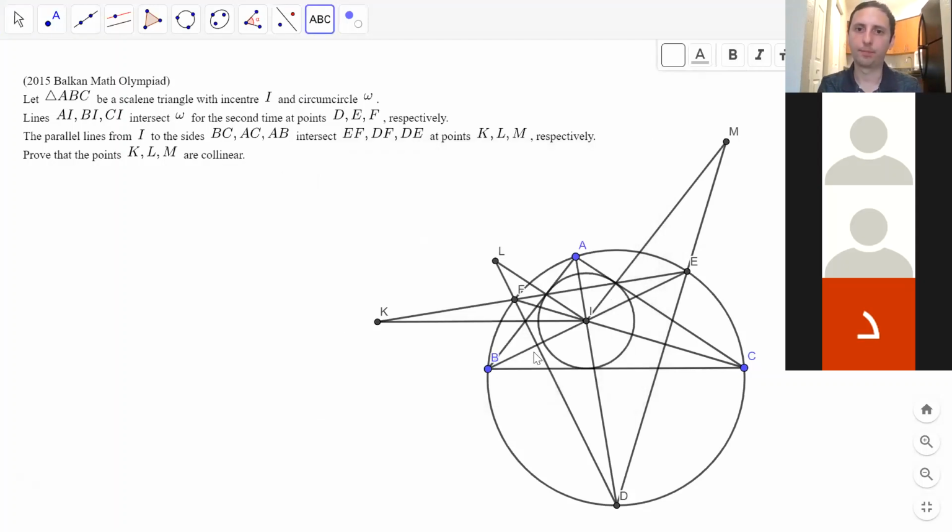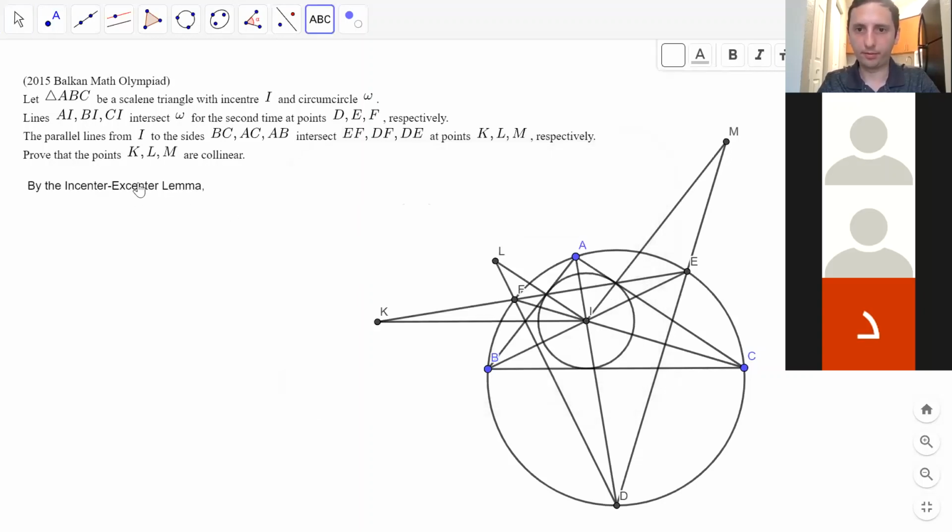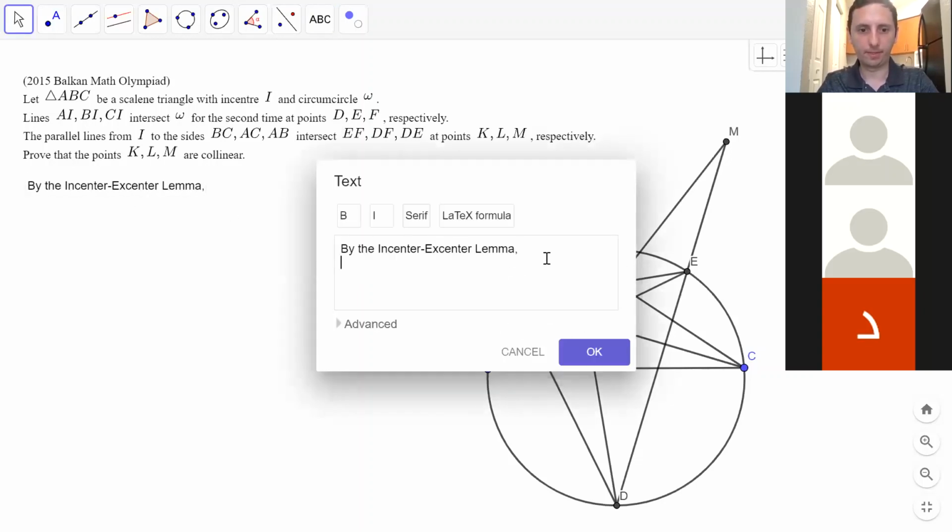So by the incenter, we have FA is FI and EA is EI.